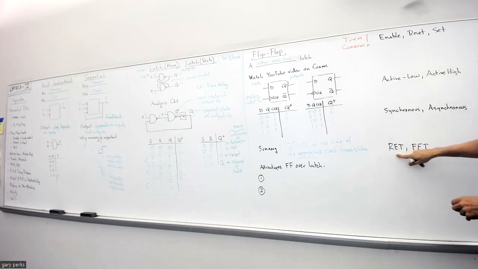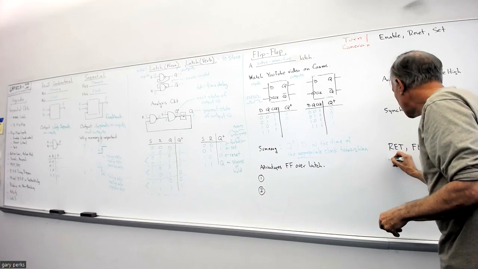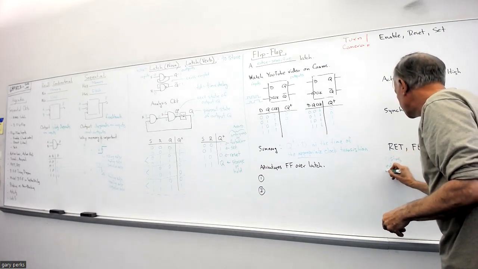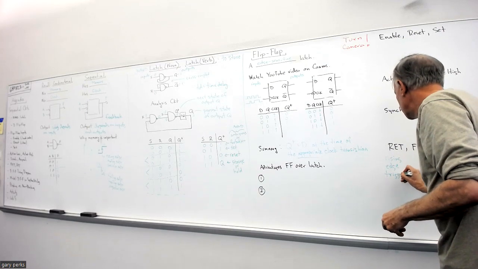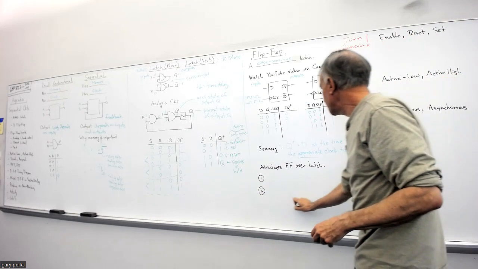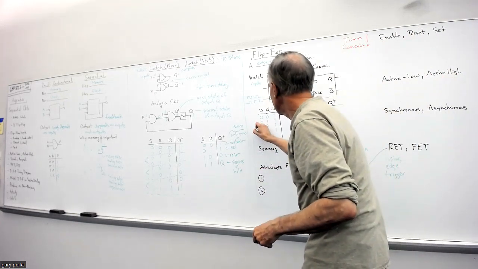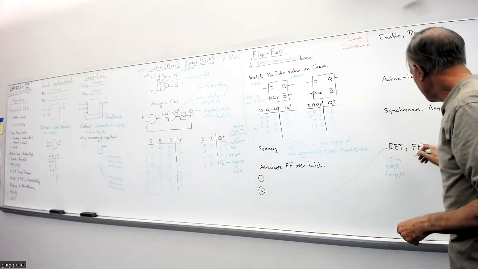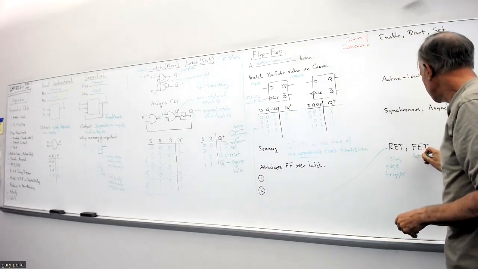Now, over here, we can skip ahead a little bit. You see this RET? This stands for rising edge trigger. This type of D flip-flop right here is rising edge trigger because it depends on the rising edge of the clock. And this is falling edge trigger.